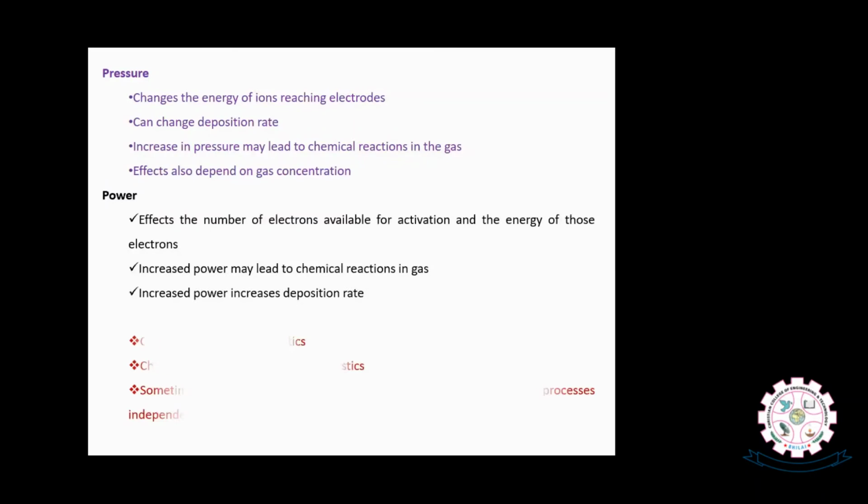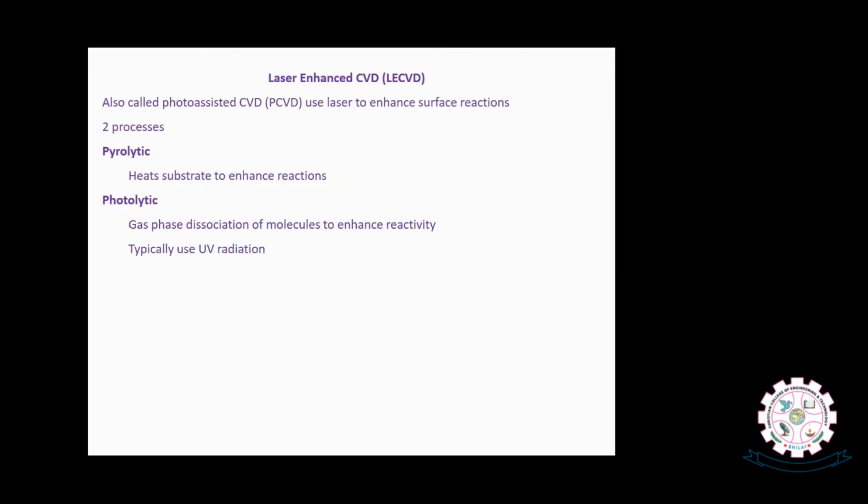Okay. So power you can play with, frequency you can play with. Another thing is that you can also do photo-assisted CVD. What do I mean by photo-assisted CVD? I will use a laser, or I will use light, in order to break the bonds between the molecules. These are called pyrolytic or photolytic.